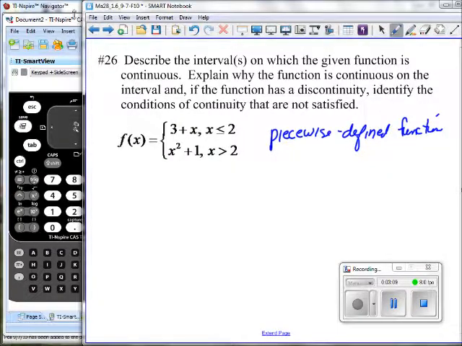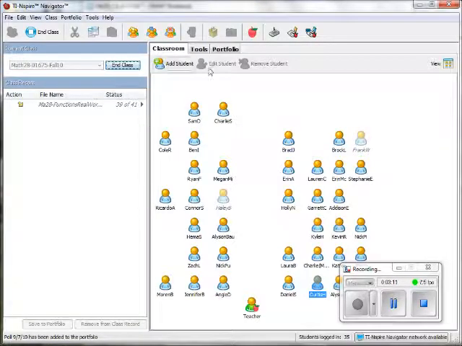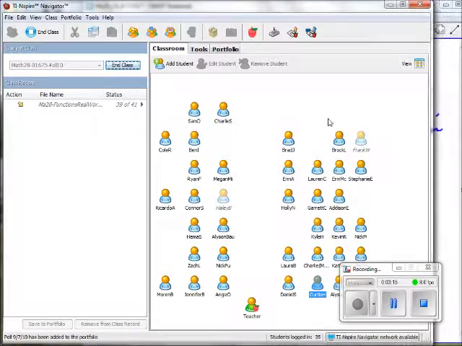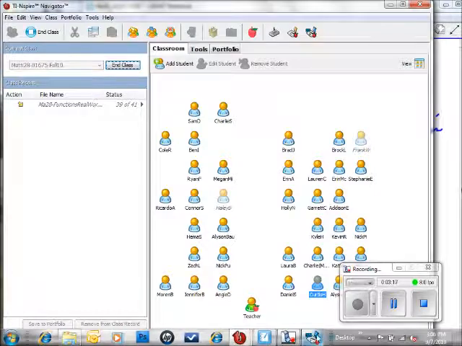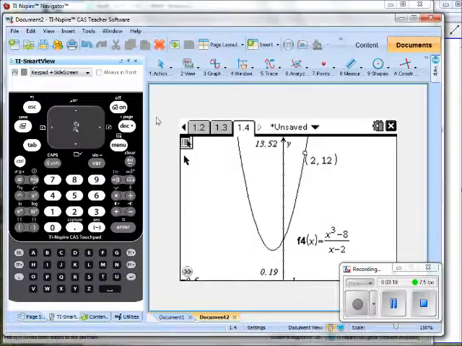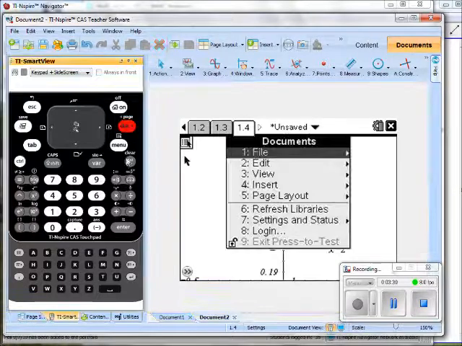So let's use the Inspire, because this is something that we don't practice very much. If you're on the black one, go to Document. If you're on the gray one, do a Control Home.